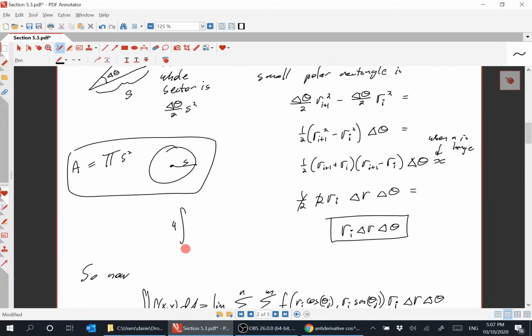It's 4 times the integral from 0 to pi over 2 of square root r squared minus x squared dx. That's the area of the circle of radius r, and that requires the trig substitution x equals r sine theta.